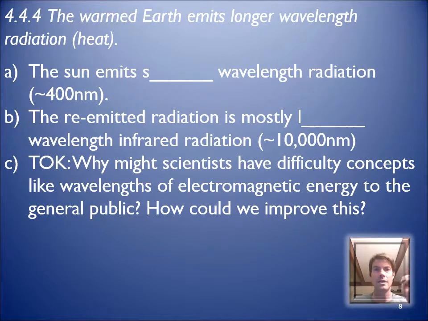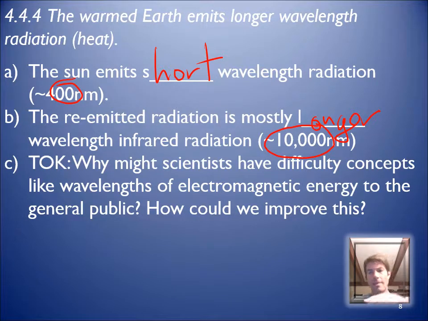So the sun is short wavelength, and the re-emitted radiation is longer wavelength. So you see 400 nanometers versus 10,000 nanometers, so much longer wavelengths. And here's something a lot of you will be taking soon, TOK, theory of knowledge.